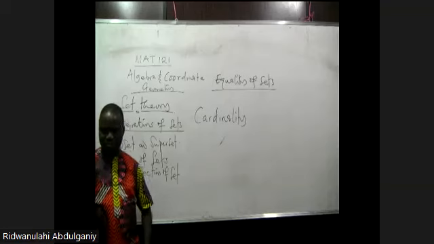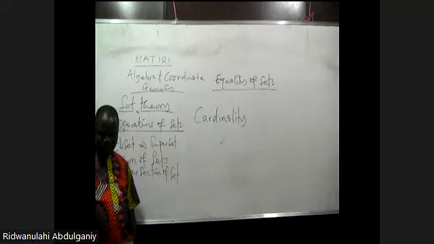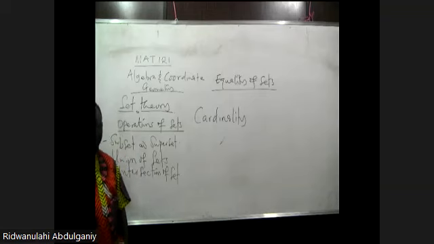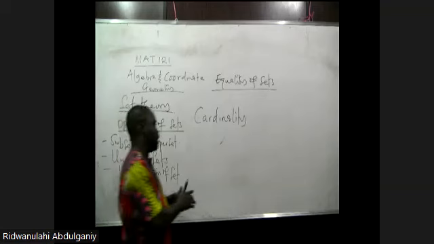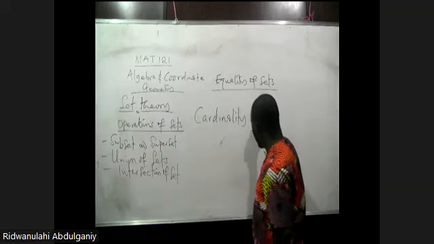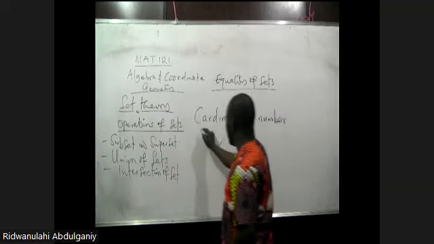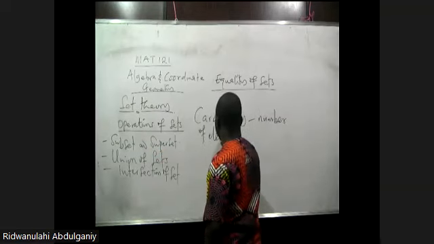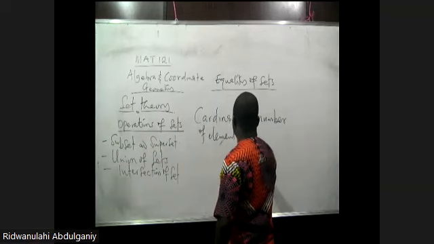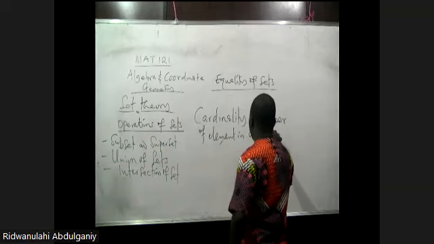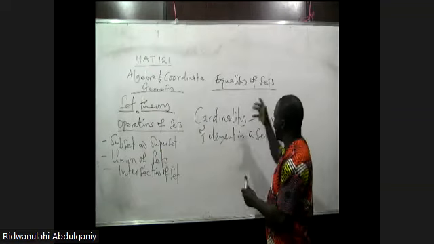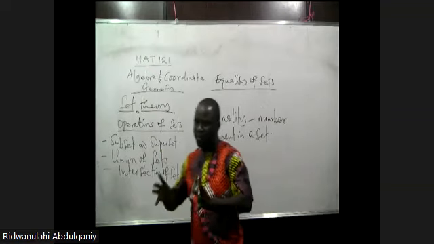It is the same definition that Khadija just gave now. No, by cardinality, we are still coming to cardinality. By cardinality, we mean the number of elements in a set. If I should go by this, that two sets are equal if they have the same cardinality.